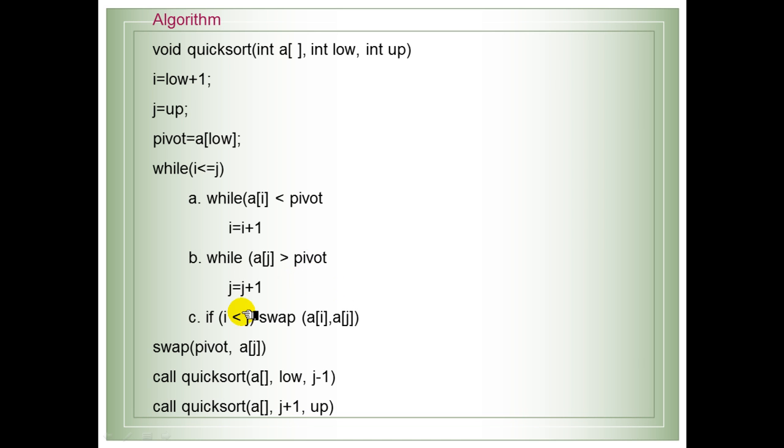If it is greater, we decrement the j index. Else we come out of this loop and check whether index I is less than j. If it is less, we are going to swap A of I and A of j. If it is not, we come out of this while loop and swap the pivot element with the j element.